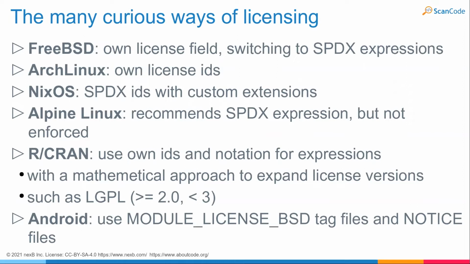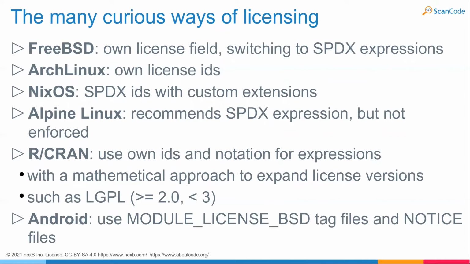They have a way to express things with mathematical notation down to the version of a license, in this case saying it's an LGPL which has to be superior or equal to version 2 but inferior to version 3, which means basically LGPL 2.0 or LGPL 2.1, because there's unlikely to be any other LGPL in the future. But I find it funny in a way that their interest for math and stats transpires down to the notation they use for licenses.